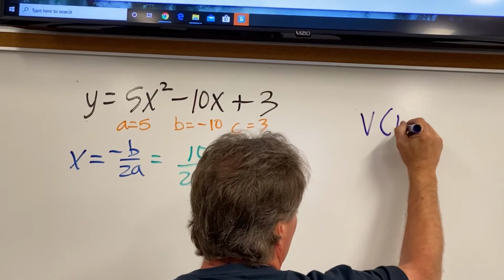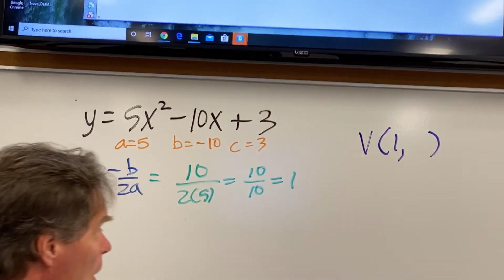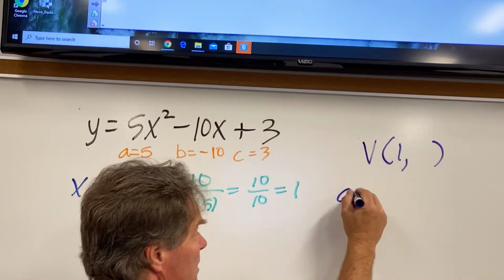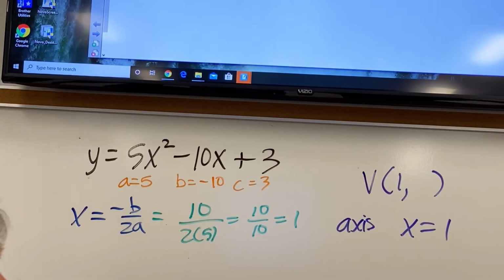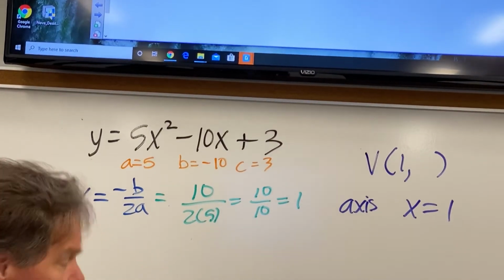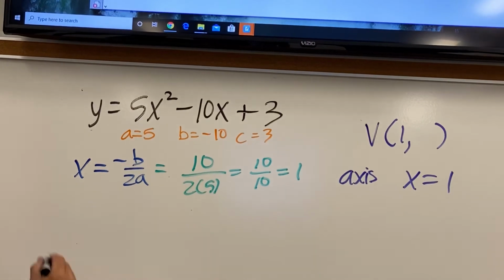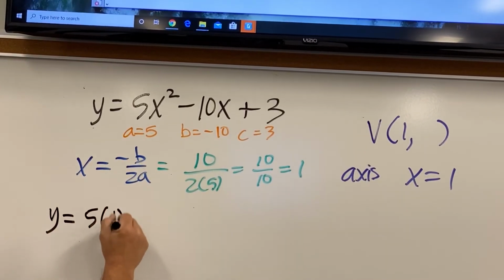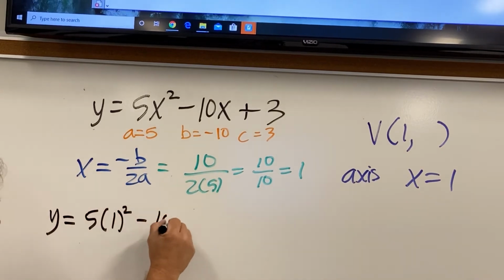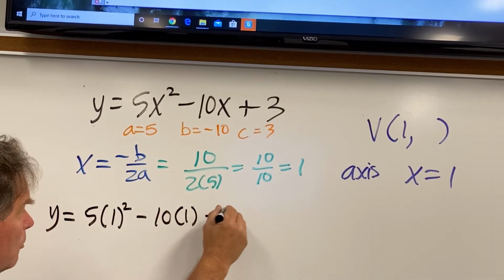That means the vertex is 1 something. It's also the axis of symmetry. Axis is x equals 1. It's always x equals the x coordinate of the vertex. What is the y coordinate of the vertex? Well, we're going to go y equals 5 times 1 squared minus 10 times 1 plus 3.